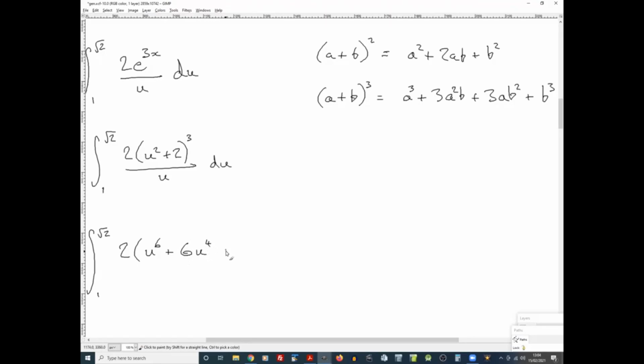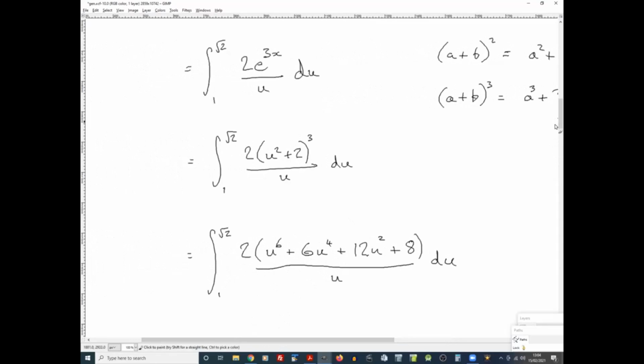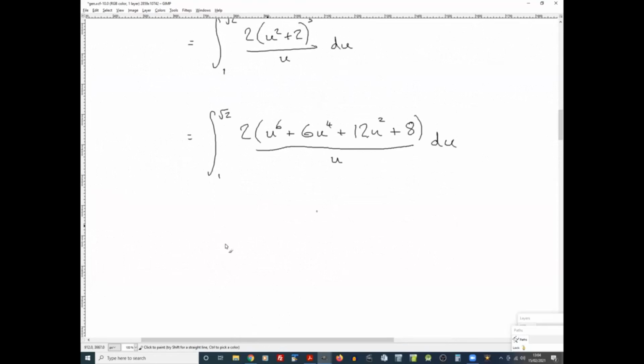Next term? Plus 4 times 3 equals 12u squared. Yes, good. Plus 8. Yes. All over u. Then times the 2 through probably. Yeah, but also divide by u. Why not?